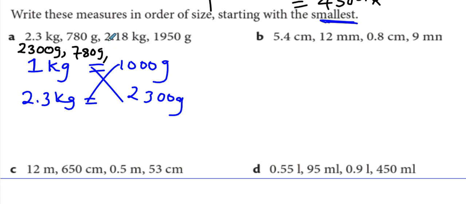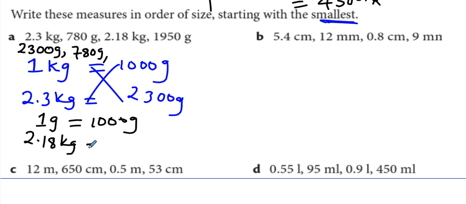Let us see this, 2.18. So go back to 1 kilogram equals 1000 gram. How about 2.18 kilogram? This will be equal to, multiply by 1000.